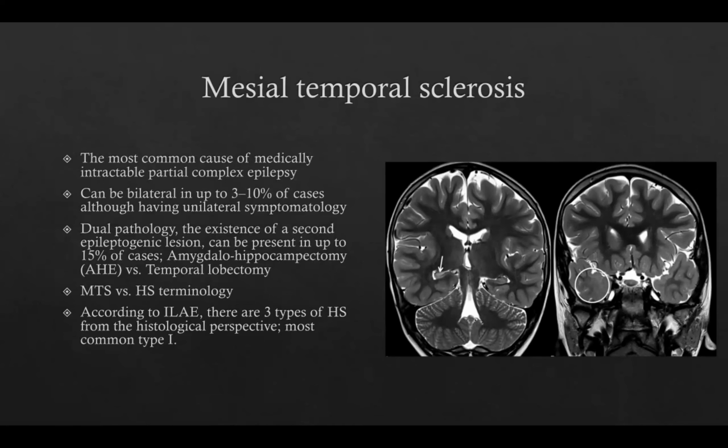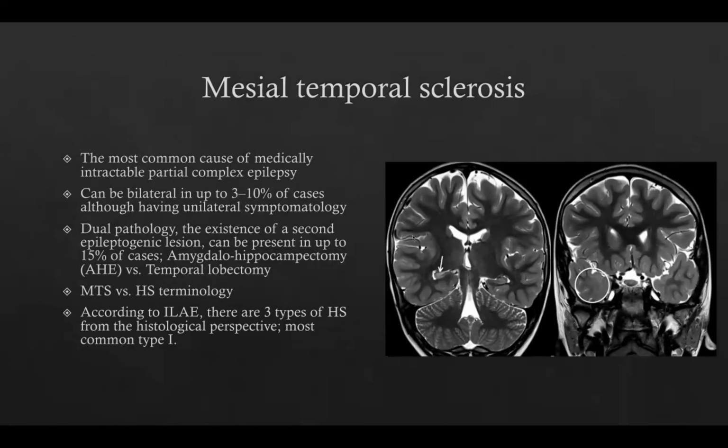But sometimes you may have very subtle microscopic changes where it also involves outside the hippocampus. It may also involve the adjacent structures, for example, the parahippocampal gyrus and the amygdala. So usually when we say mesial temporal sclerosis, the areas that we refer to will be a bit larger as compared to hippocampal sclerosis, but it could be interchangeable as well.